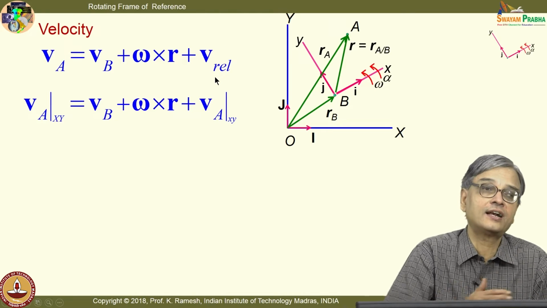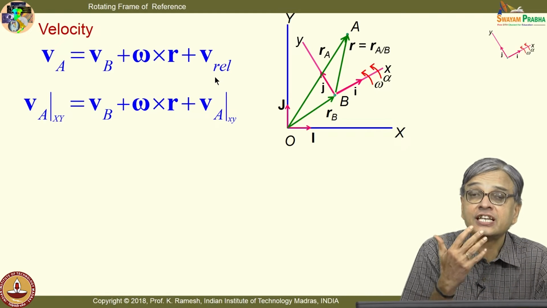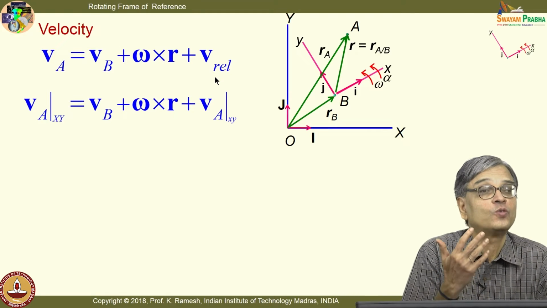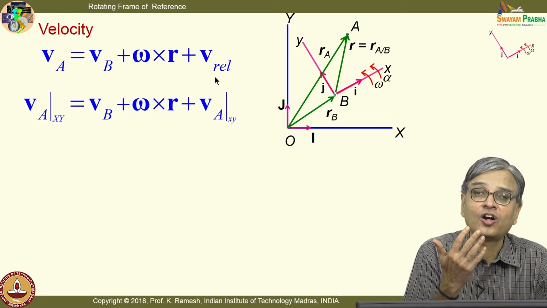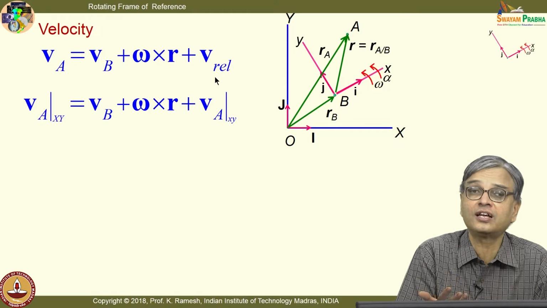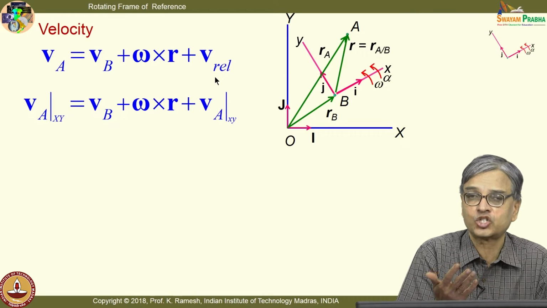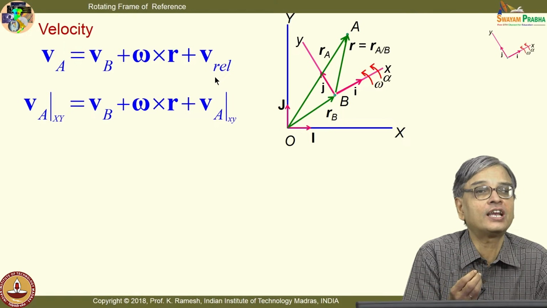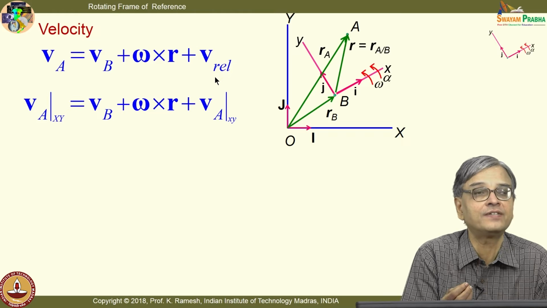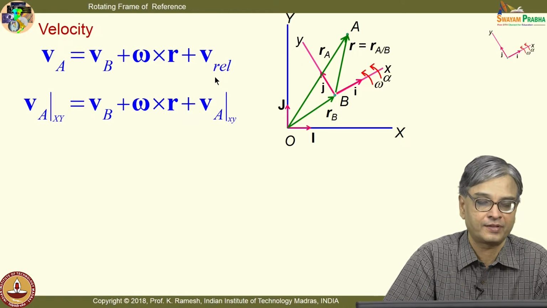See, you take the advantage of a rotating frame of reference essentially to get the quantity with respect to small xy. That is the reason why you are looking for a rotating frame of reference. In fact, the first two problems I have solved require that knowledge, and it is easy to perceive if you have a rotating frame of reference. We will also have a look at it again.